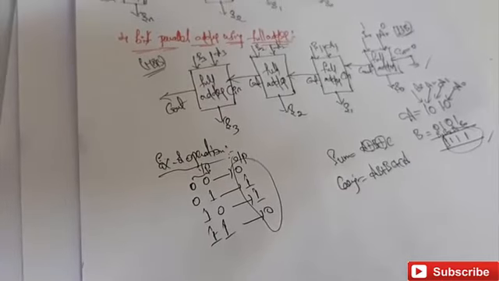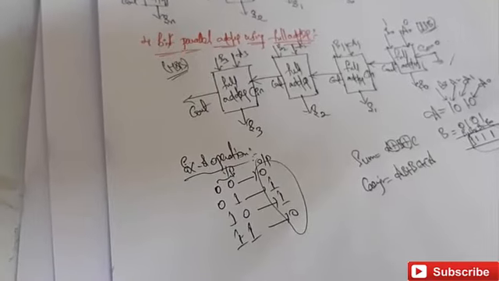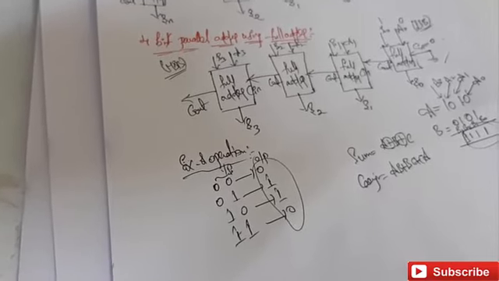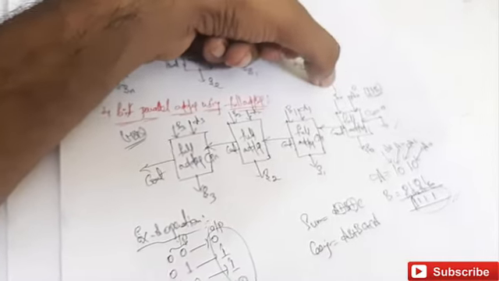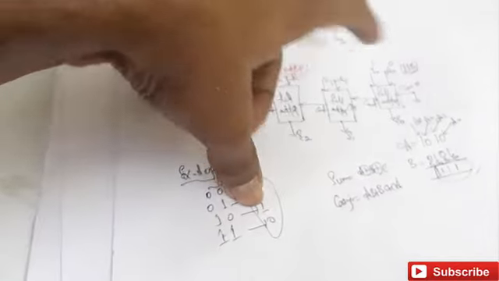That means if you have an odd number of ones, you will get the output as 1 in the XOR operation. Here 1 XOR 0 means you will get the output as 1. That means sum will become 1.